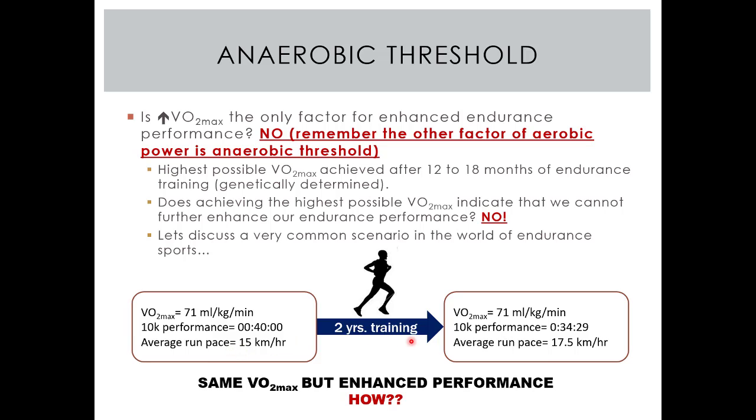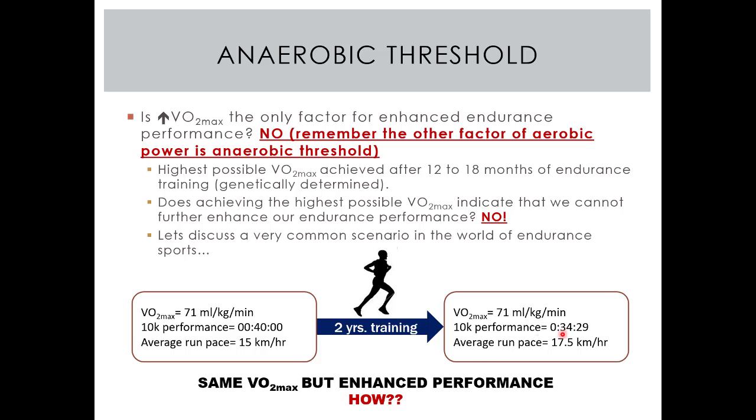Then he underwent 2 years of hardcore endurance training. And after 2 years of training, his VO2 max did not change. It was maintained at 71. It would be safe to say that 71 is the highest VO2 max he could possibly achieve. And again, that is determined by his genetics. But look at his 10K performance. His 10K time improved from 40 minutes to about 34 minutes.